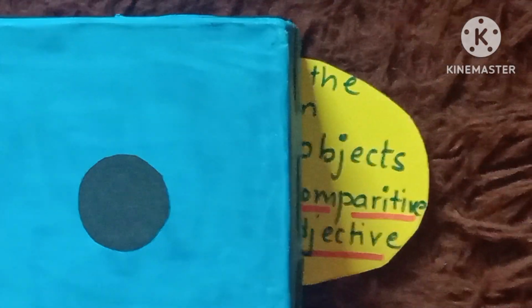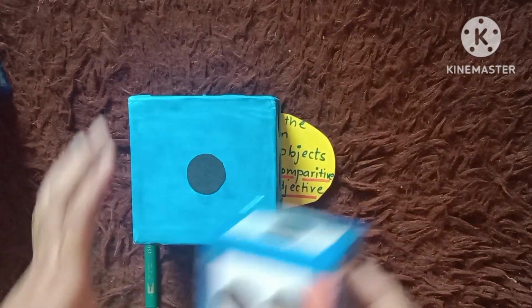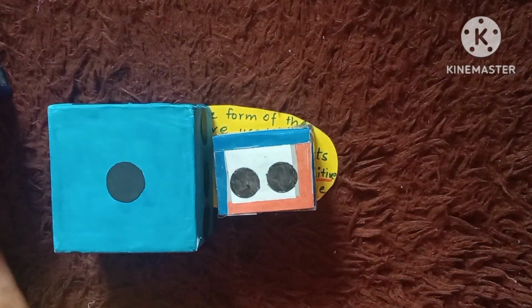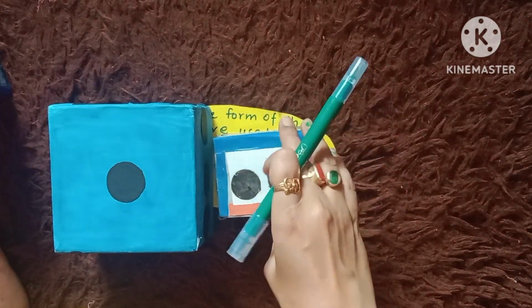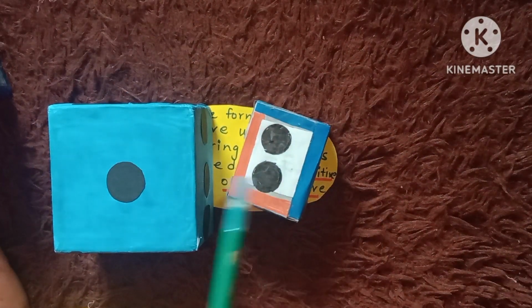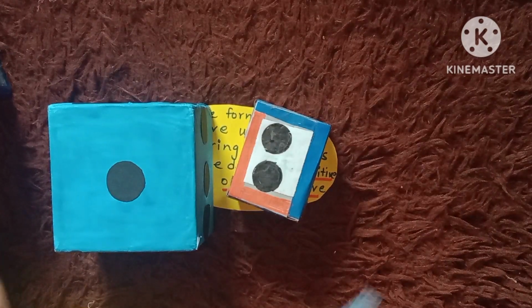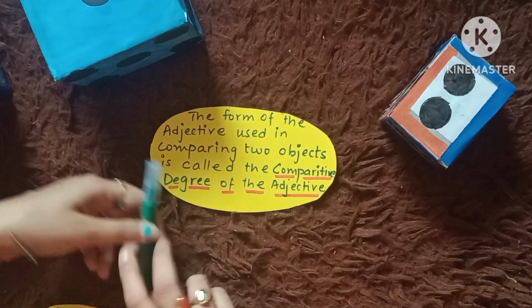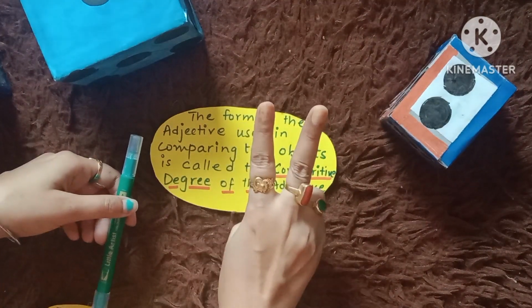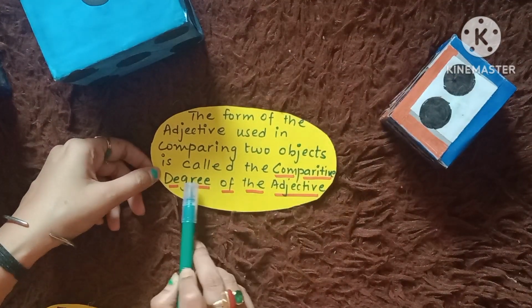So this one, and along with this we have this box. So here we are comparing between these two boxes. This is big, but this blue box is the bigger. When we compare between two things or two people, only then we use the comparative degree of adjective.